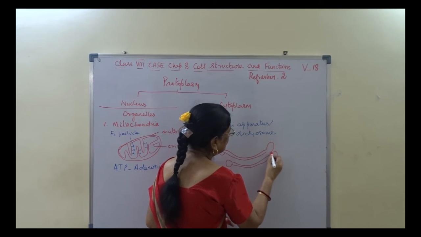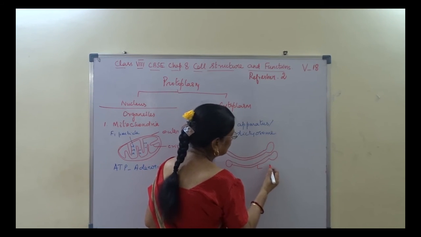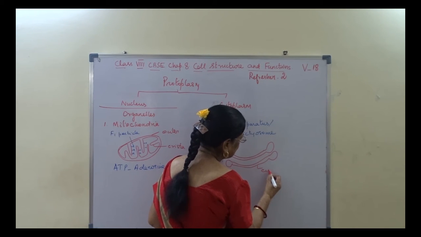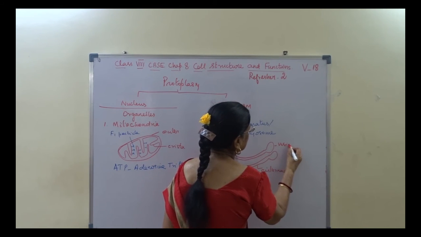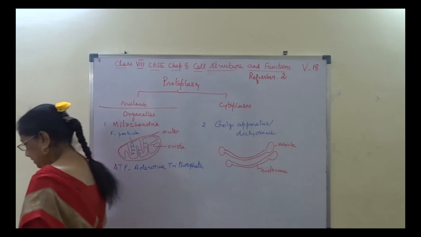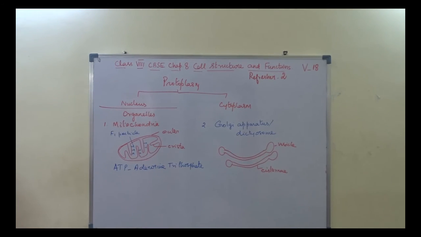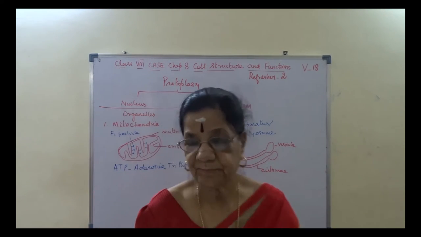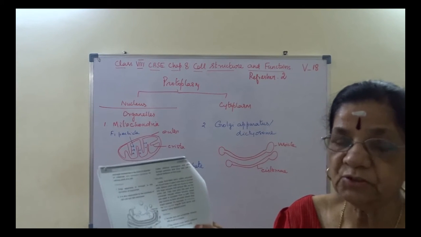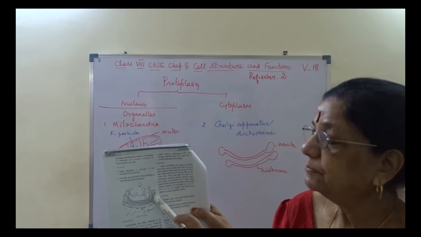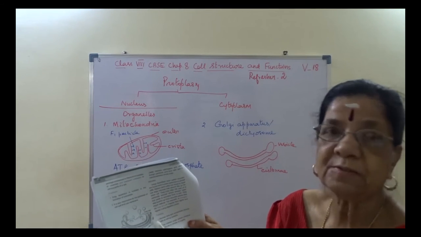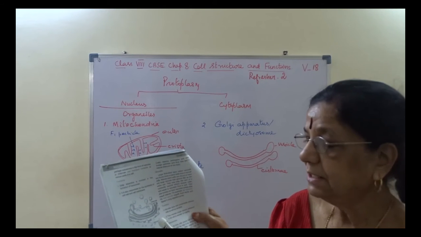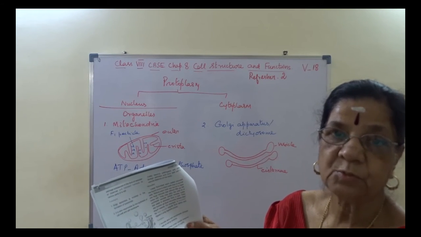This flattened disc is called cisternae, and this is a vesicle. See the diagram here; I have already shown it in previous videos, so recollect it. This flattened structure is called cisternae, and these vesicles are the globular structures. I hope you understand.